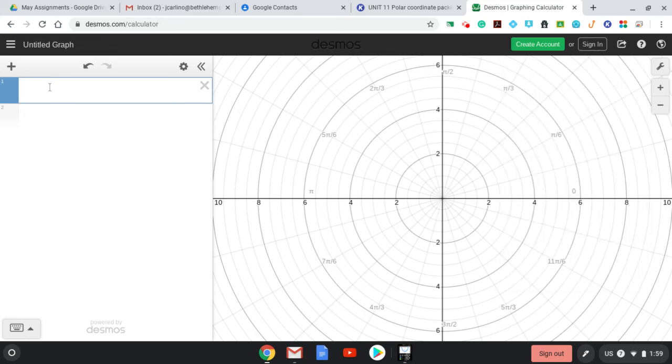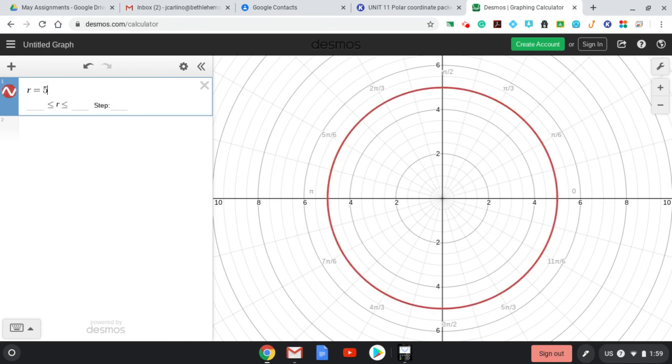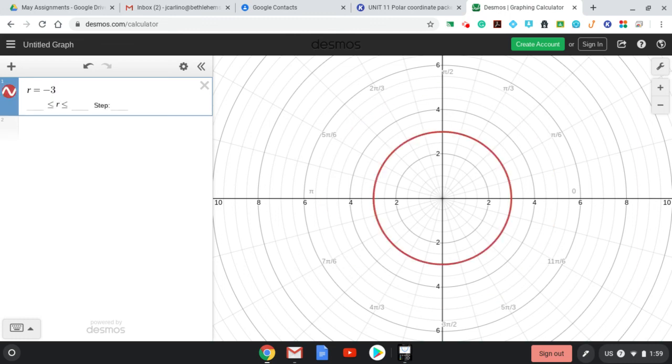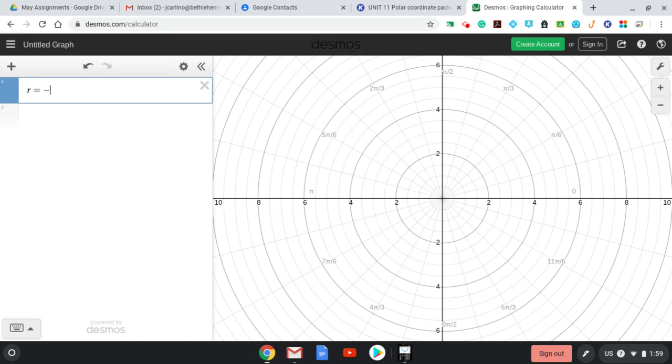Now up here on number 1 you can start graphing these. The first problem we had to do today was r equals 5. And look what happens in red. There's the circle we just graphed, 5 units away from the pole. What about the second one we did? r equals negative 3. Boom, it's right there for you. Now what about the last one?